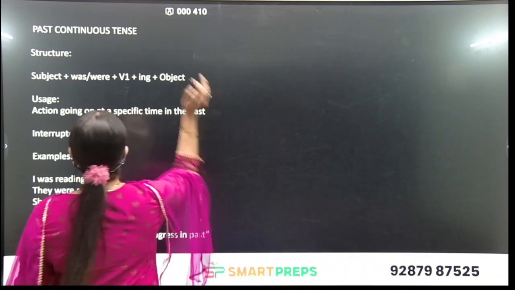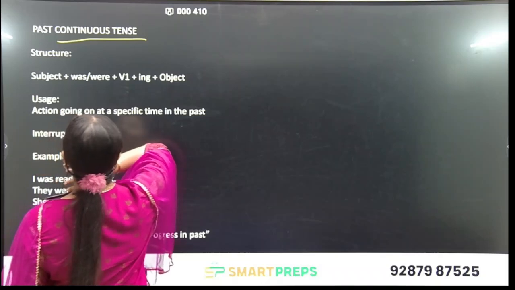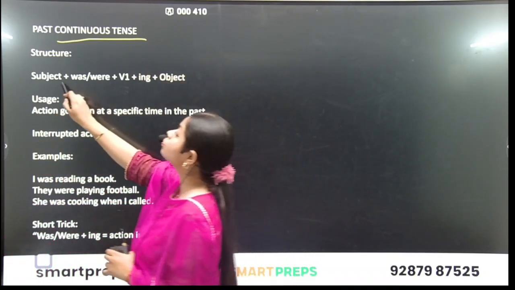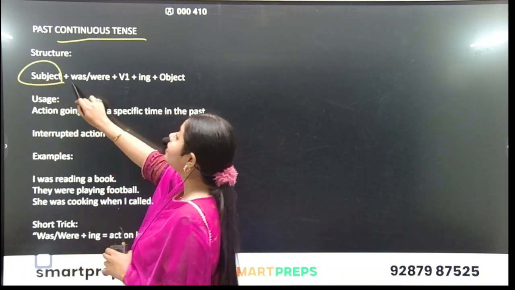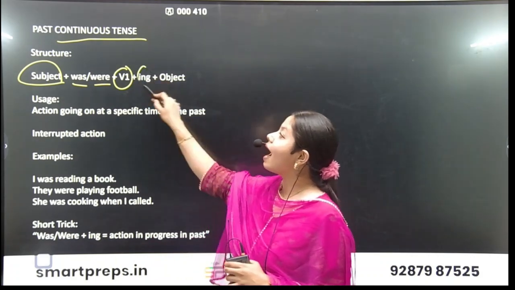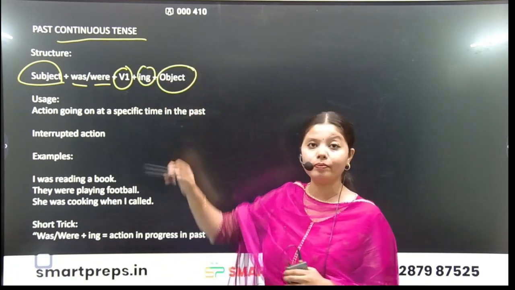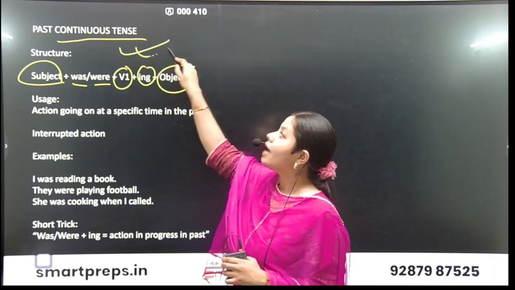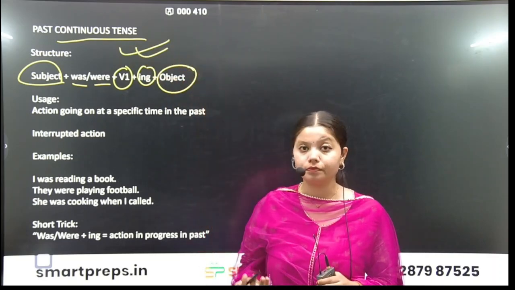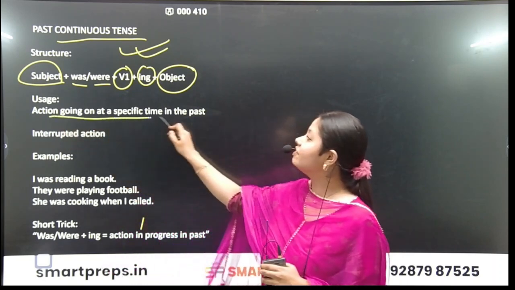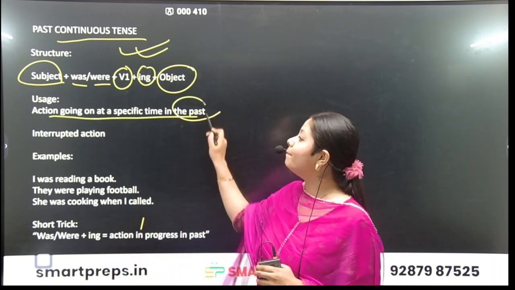Now let's understand the second type of past tense, that is past continuous tense. Structure is what? First the subject will come, then was or were, then the verb along with ing and the object. Now why ing? Because the action is continuing. So the action going on at a specific time in the past.